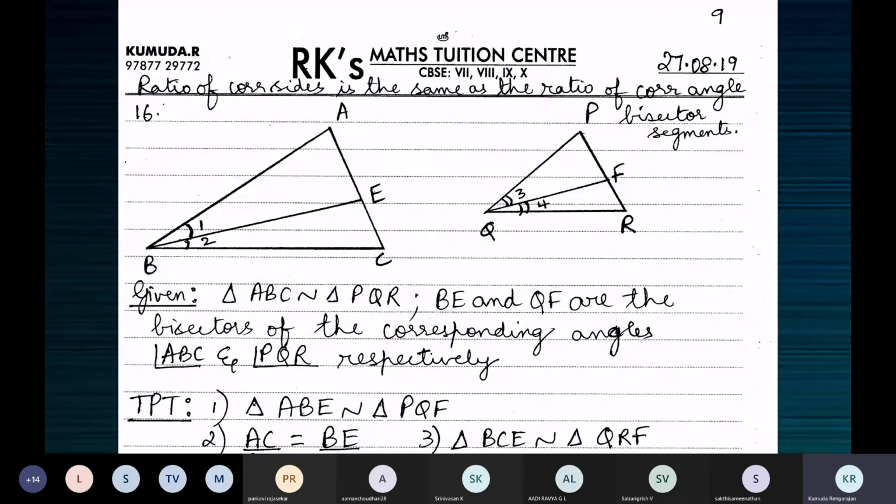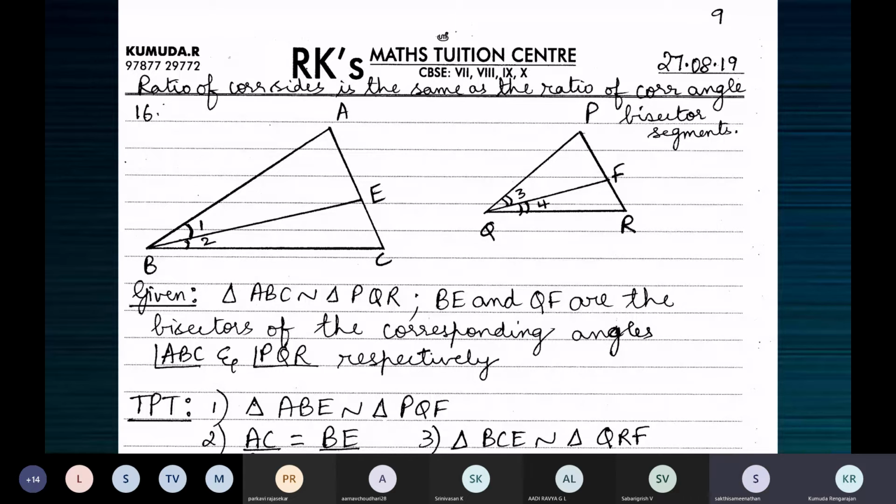Now tell me, is E the midpoint of AC? No, ma'am. Is F the midpoint of PR? No, ma'am. They gave only angle bisector. And is BE perpendicular to AC?